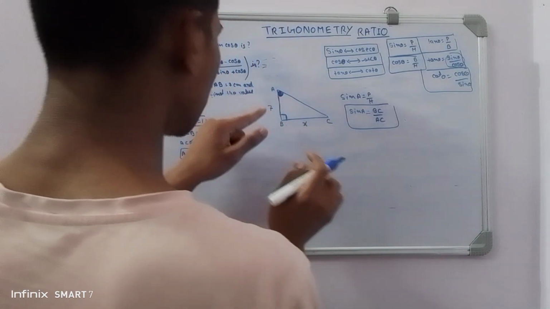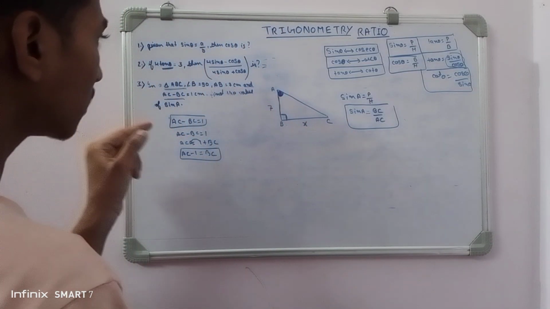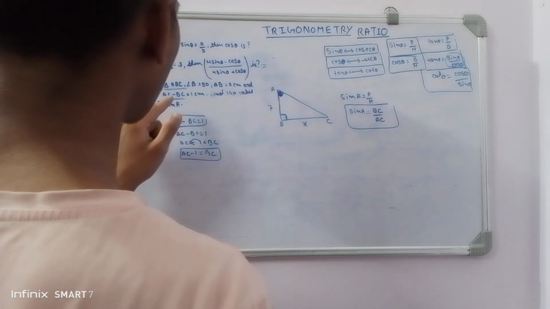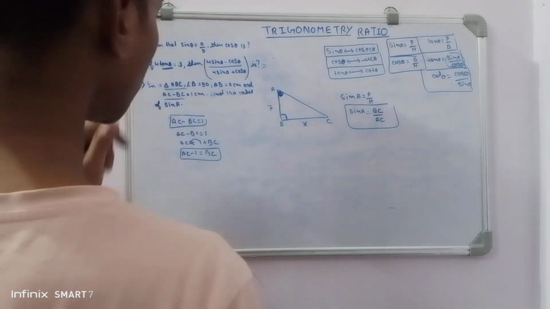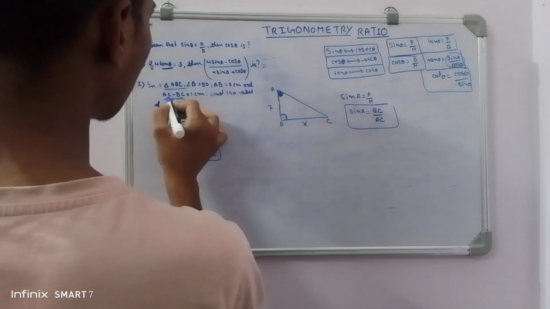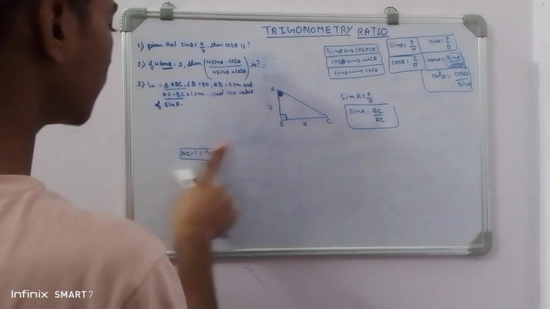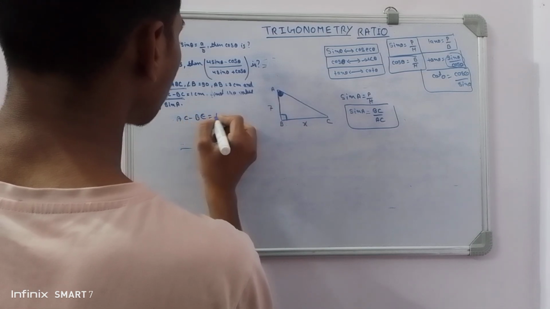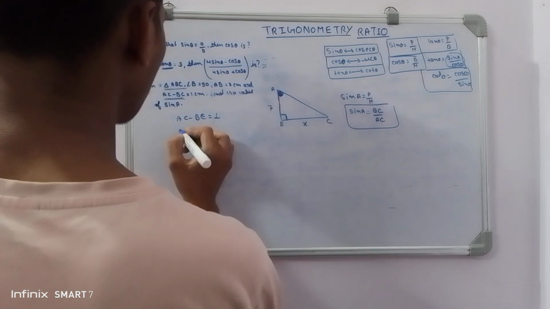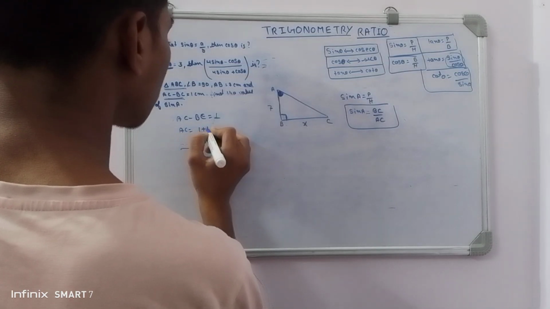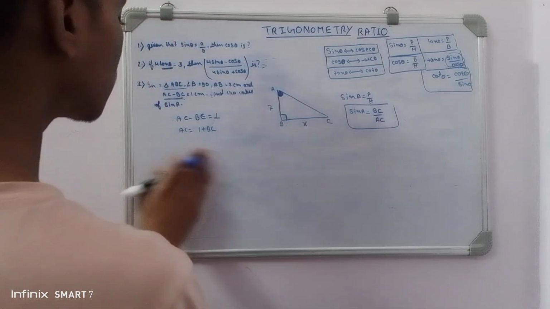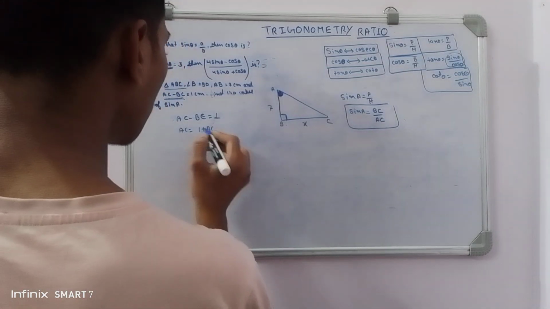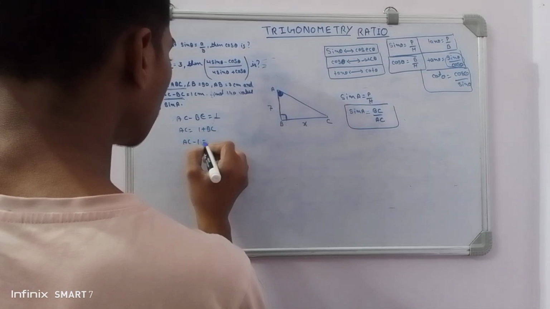Something is wrong here. We are given that AC minus BC is equal to 1 centimeter. So AC can be written as 1 plus BC, and you could write AC minus 1 is equal to BC.